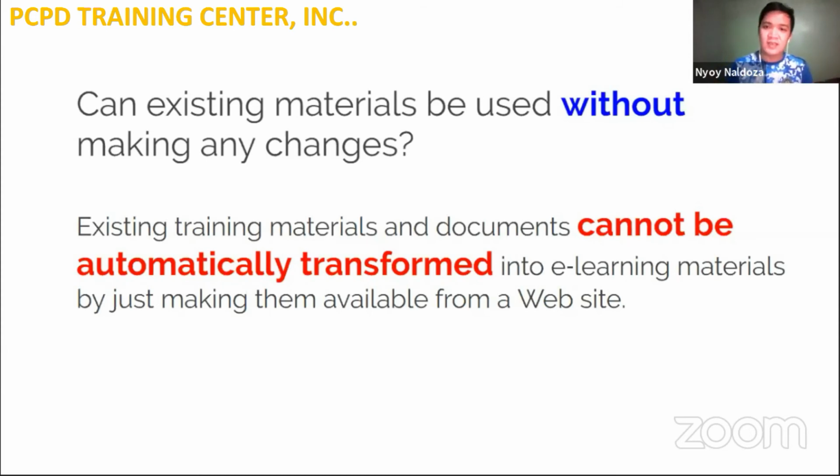Actually, hindi. It cannot be automatically transformed into e-learning materials just by making them available from the website. Ang magiging labas niya, halimbawa, if we have hard copies of these resources, magiging digital copies lang siya, pero magiging supplemental resources lang siya. Hindi siya totally magta-transform into an e-lesson.